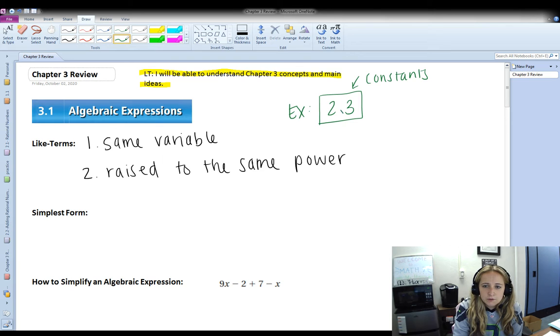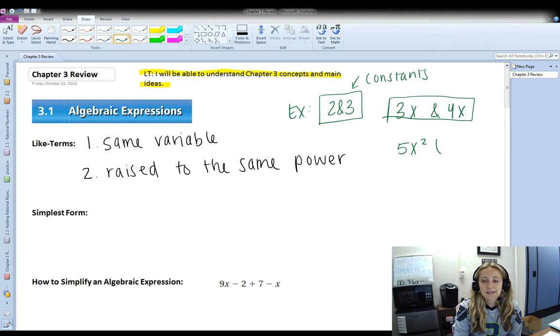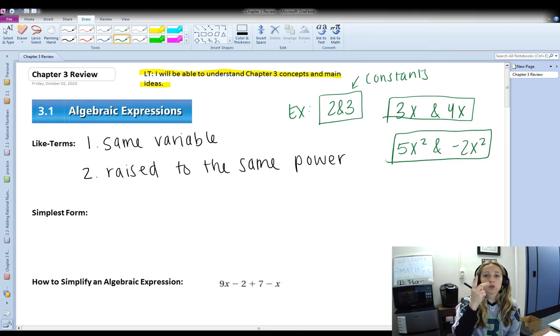So 2 and 3 are like terms. 3x and 4x are like terms. And then 5x squared and negative 2x squared, these are like terms because, again, they have the same variable raised to the same exponent. They're raised to the same power. So that is our rules for like terms.